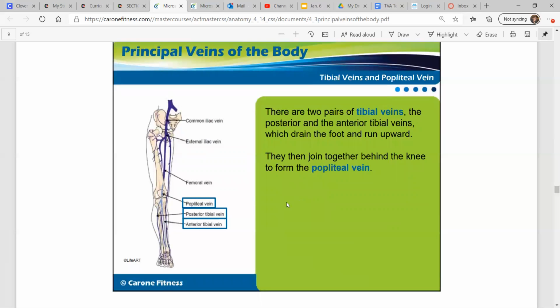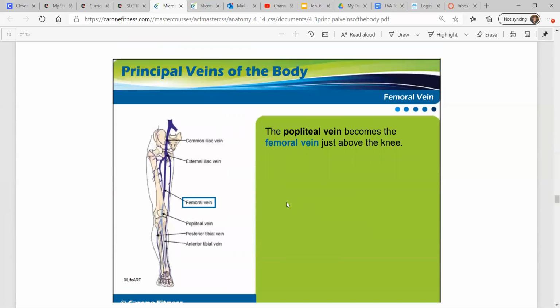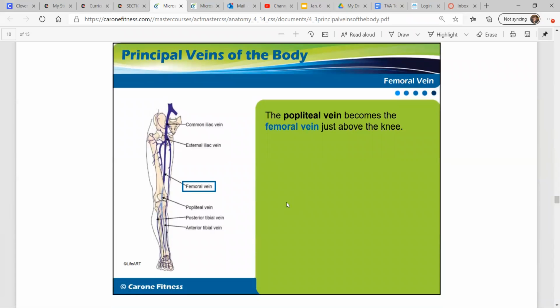There are two pairs of tibial veins. You have the posterior and the anterior, which drain the foot and run upward. Then those tibial veins join together behind the knee to form the popliteal vein. And that vein becomes the femoral vein just above the knee.